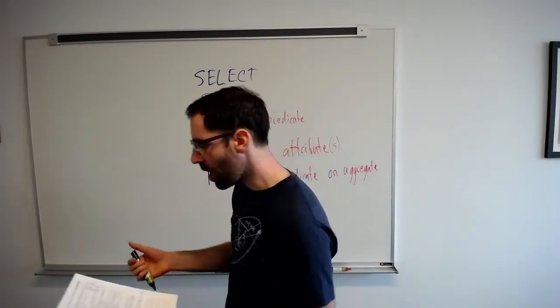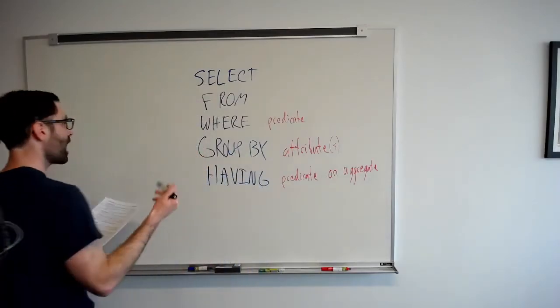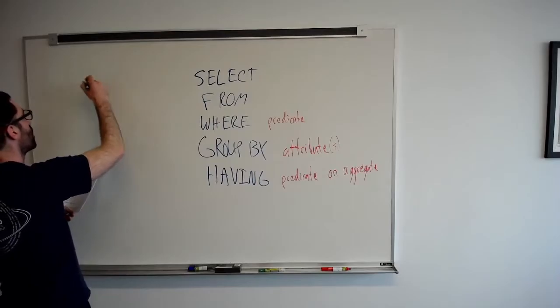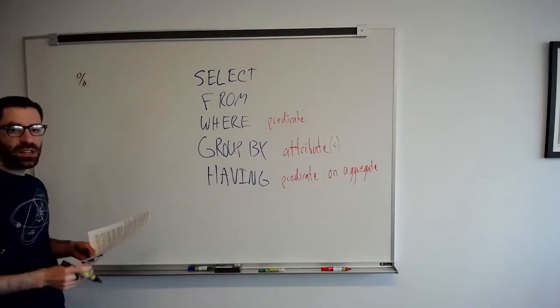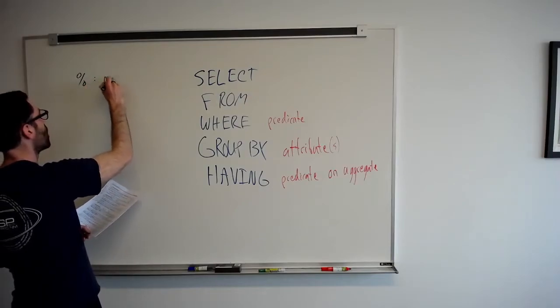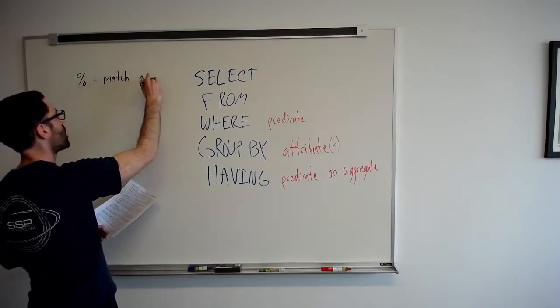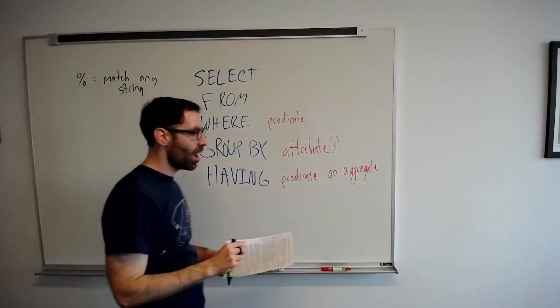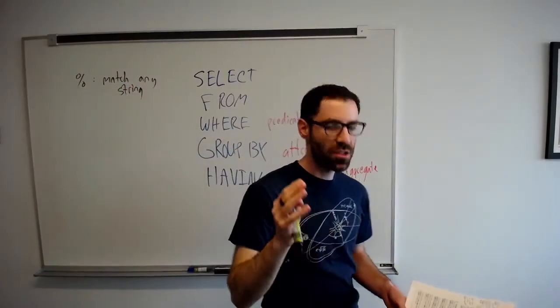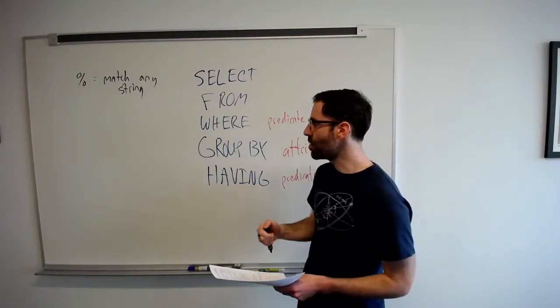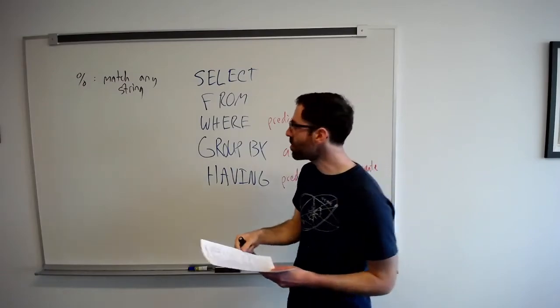It's actually the case that we can use special characters. The percent character will match any string, so this is like a wildcard, like a star, if you've seen regular expressions or something like that.